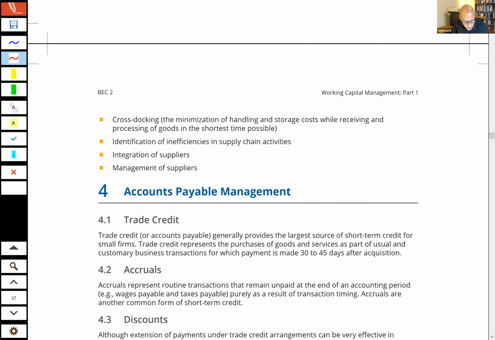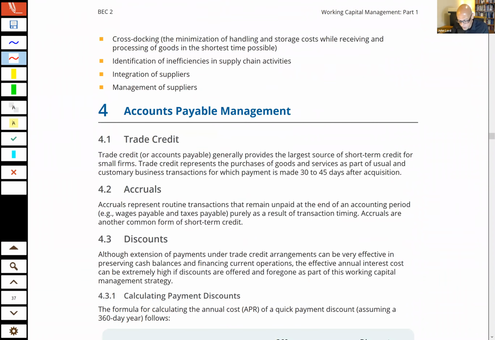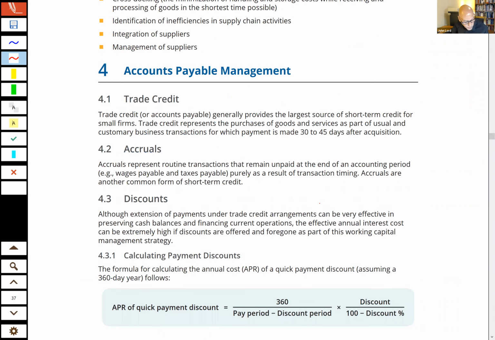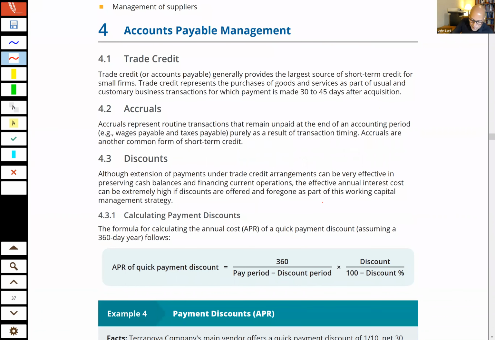But I just want to take a look. Again, I'm not going to sit here and read out definition after definition, but let's just go ahead and take a look at discounts. Okay, and of course, you know that an entity could have a discount offered to them, and if they don't take the discount, there could be a cost associated with that.